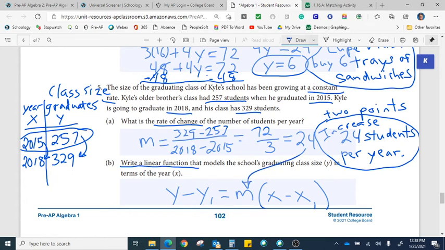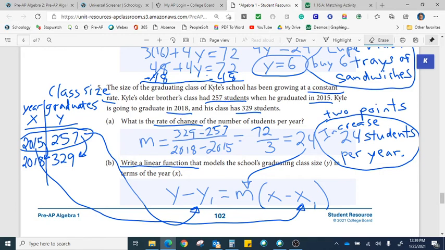So this is our y term right here. The 257 is our y term, so that's going to go right there for y1. And 2015 is going to be our x term, so that's going to go there. All right, so I can fill those in, so that y1 is going to be 257.